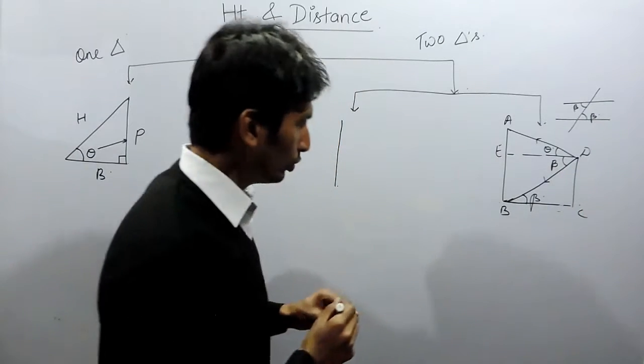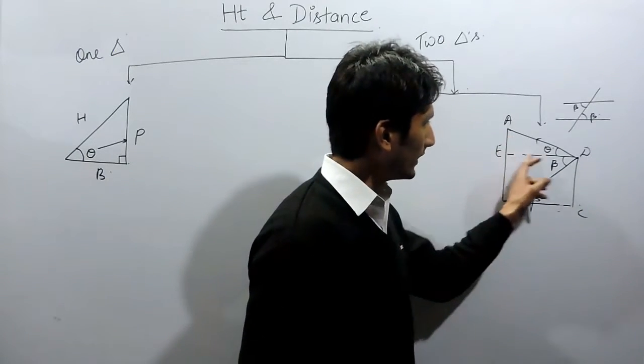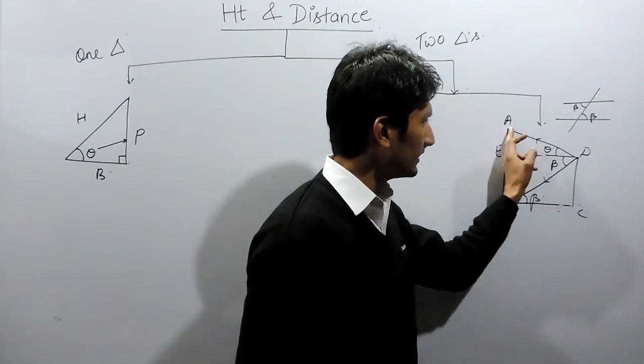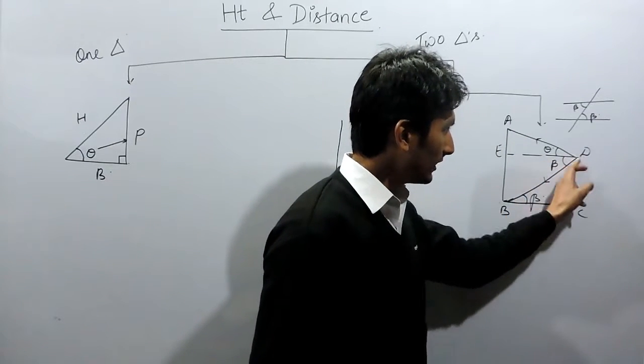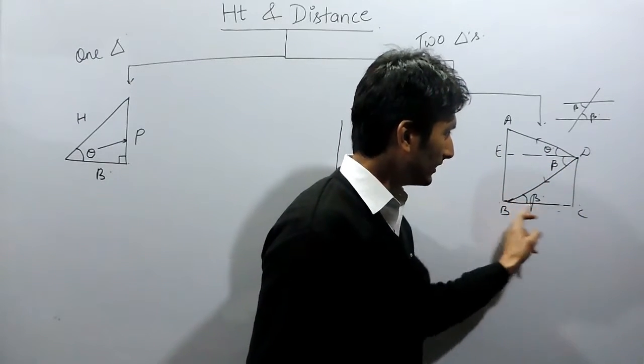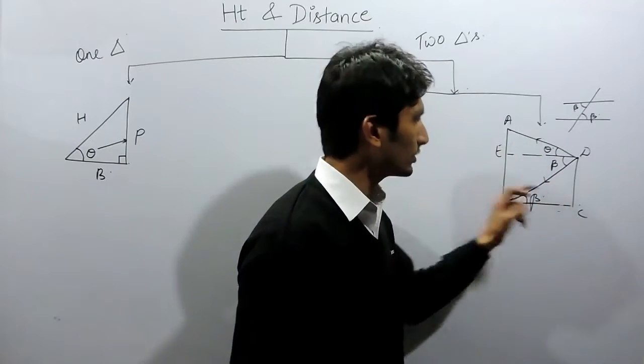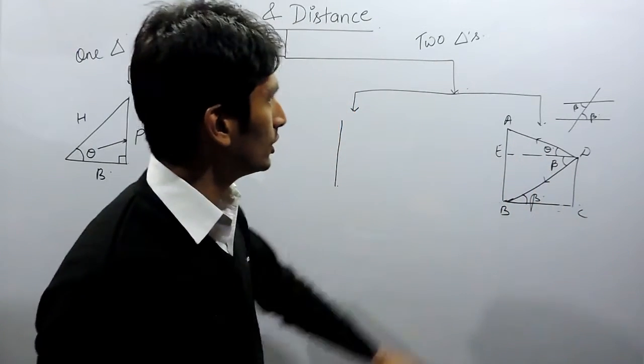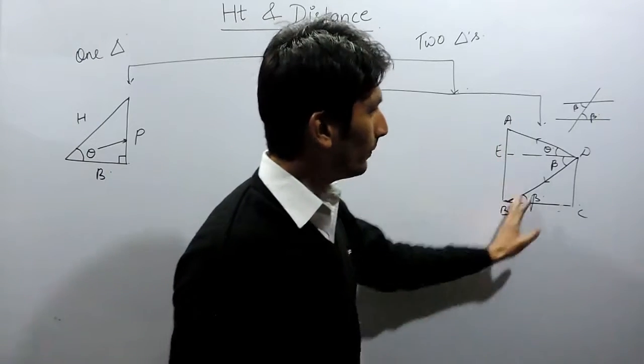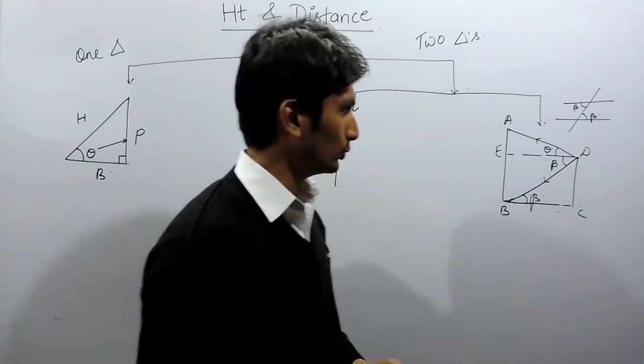So you first have to calculate the tan ratio in this, and then calculate the tan ratio in this triangle, and you have to substitute the values to find your answer. So this is the case when 2 buildings are given to you.